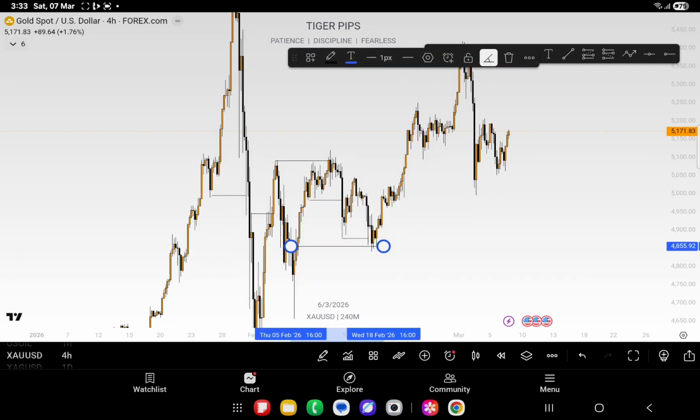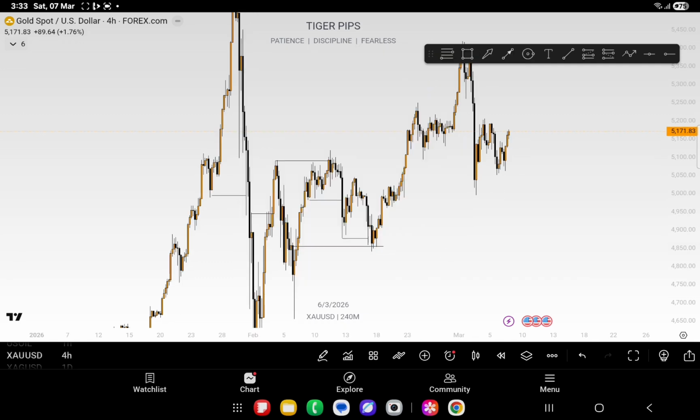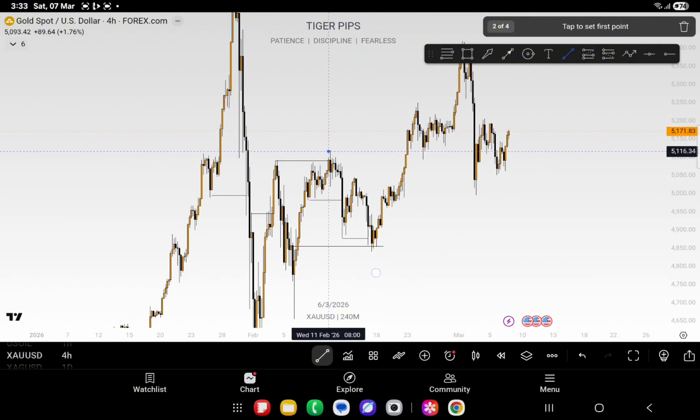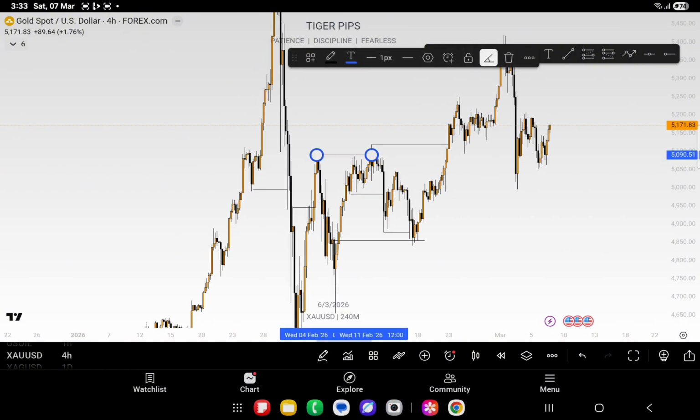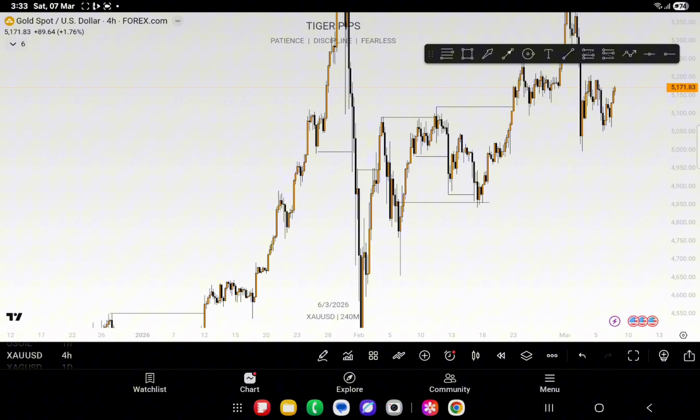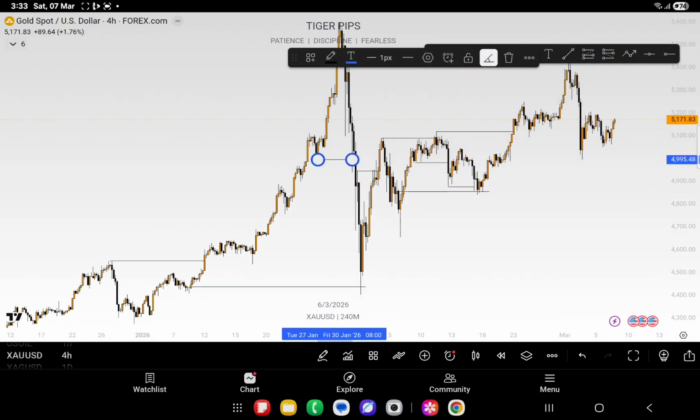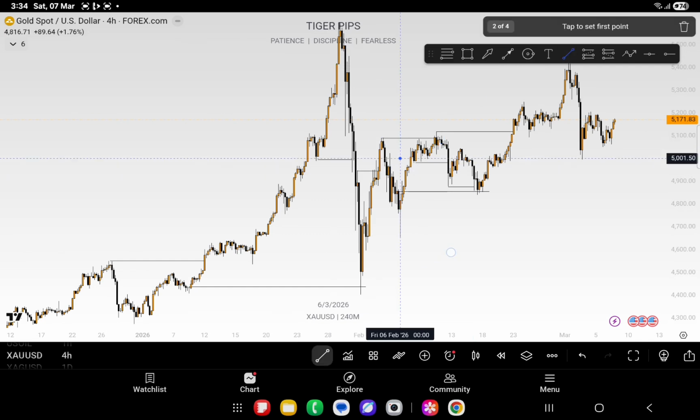Then you go down to the lower time frame to take out the new high. So this level was a break of structure that gave us the bias from this leg all the way to take out this level, and this level was a break of structure that gave us this bearish push, which dropped all the way to this key level.